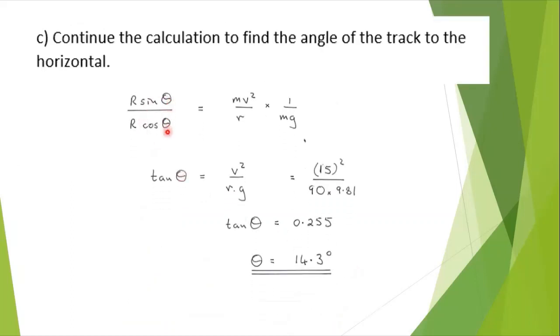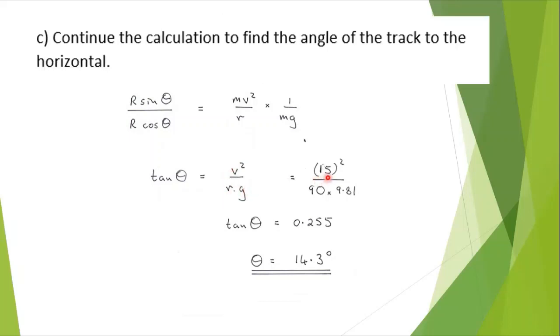R sine theta over R cos theta, the R's cancel, and there's our mv squared over R, and now I'm dividing by mg, and so tan theta equals v squared, the m's cancel here, v squared over R times g.